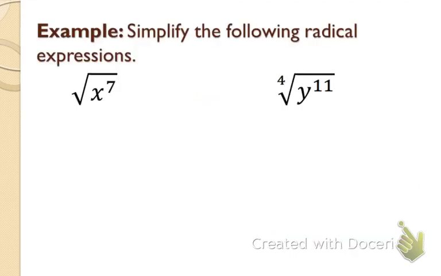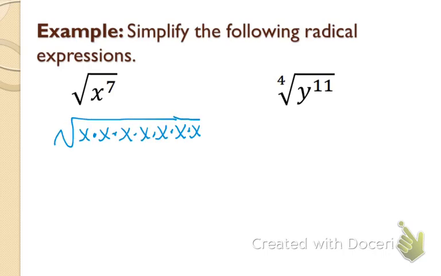Next one. Now we have simplifying radicals with variables. Not a hard task. It's pretty easy. So, what I'm going to do is expand x to the 7th. So, x times x... Since we're dealing with the square root, that means you have to put them in groups of 2. So, there's a group, and there's a group.